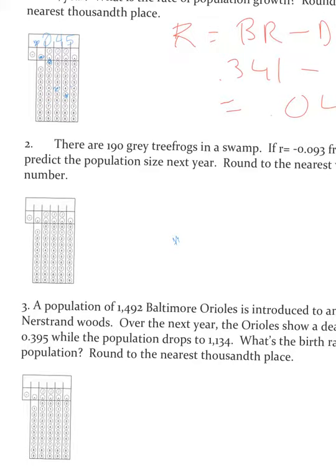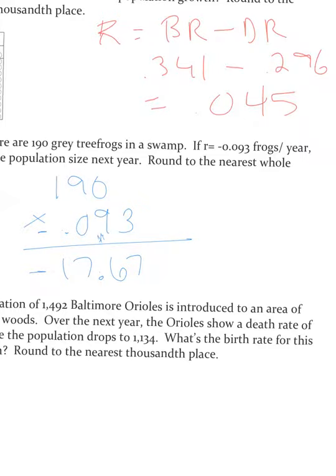So if you have 190 frogs and the rate of growth is negative 0.093, you're going to multiply that, and you multiply that out, you would get negative 17.67. So that means you take your 190 and you're losing 17.67 frogs, so you subtract that out.